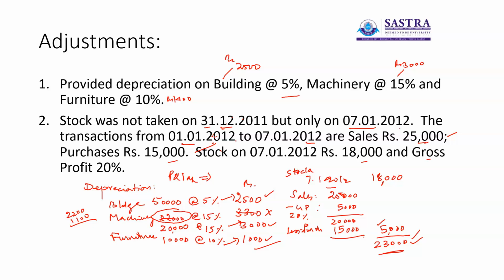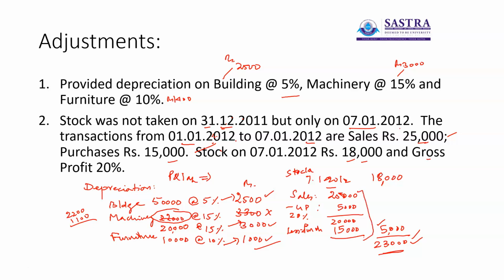So in this question, the important adjustment is that the stock was not taken on 31st December, but it was valued on 7th January. And transactions pertaining to 1st January 2012 to 7th January are separately given. So stock on 7th value is separately given.